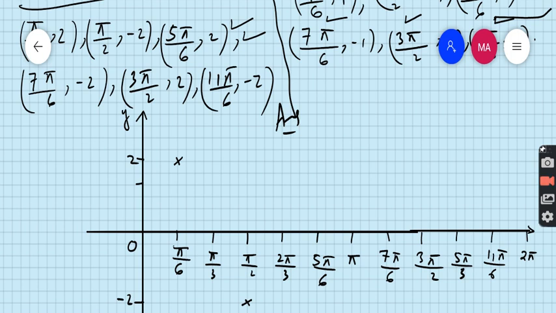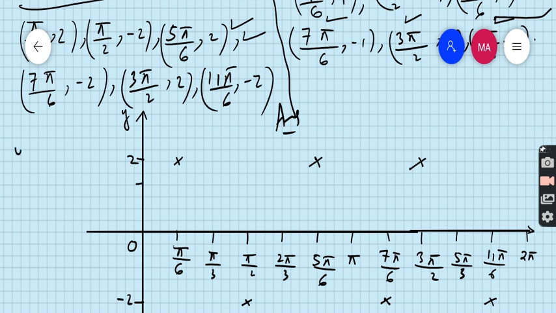Then 5 pi by 6 is 2. This value 7 pi by 6 is minus 2. This value 3 pi by 2 is 2. This value 11 pi by 6 is minus 2.